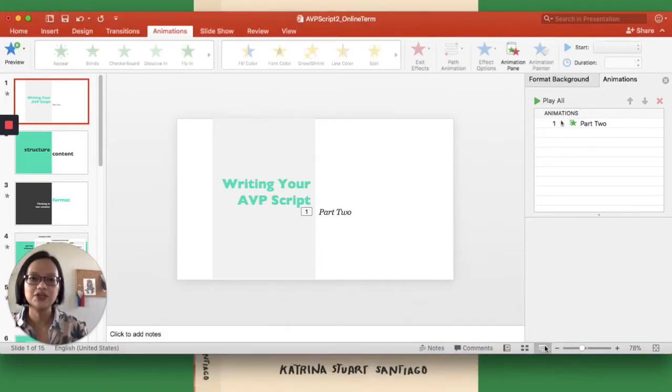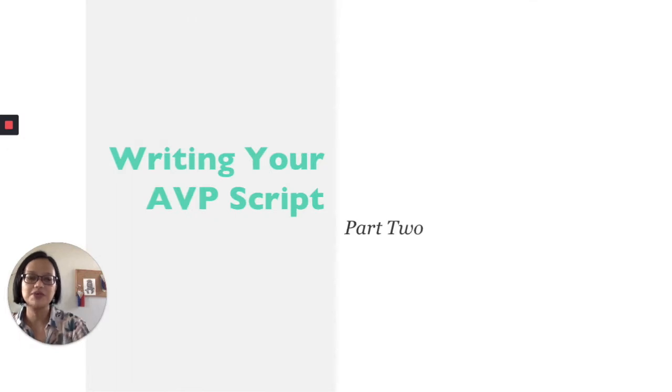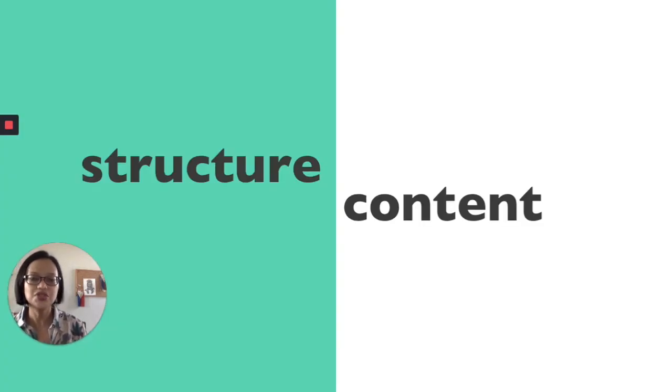Now, this part 2 of writing your AVP script is really about looking at both structure and content, which is what you have from the last AVP lecture. And I want you to realize that the structure is something we've been doing all this time: beginning, middle, end, introduction, body, conclusion, even when we didn't call it that.